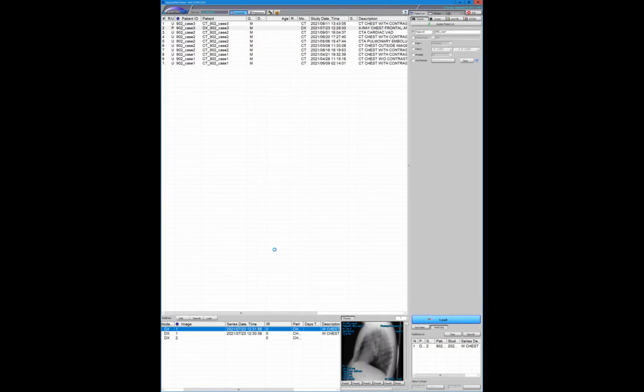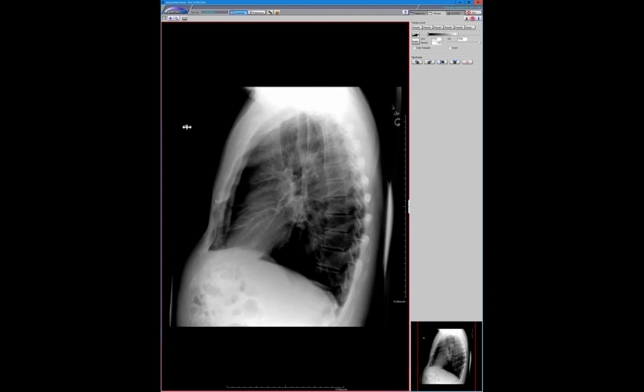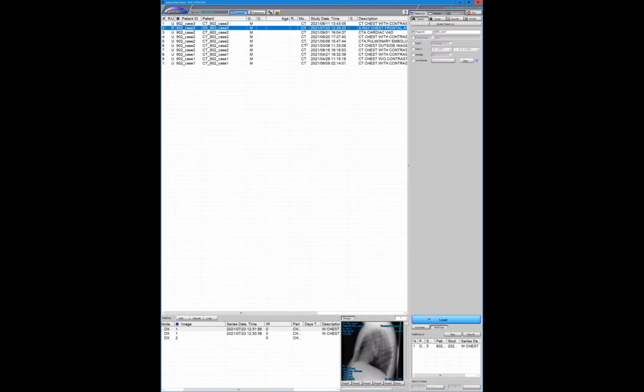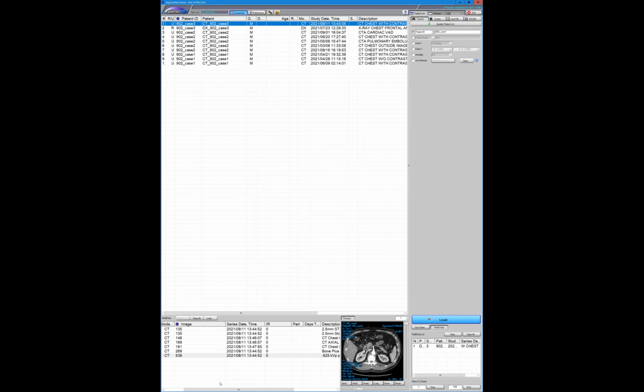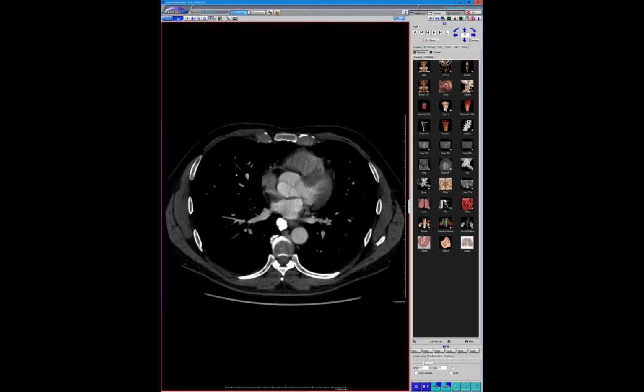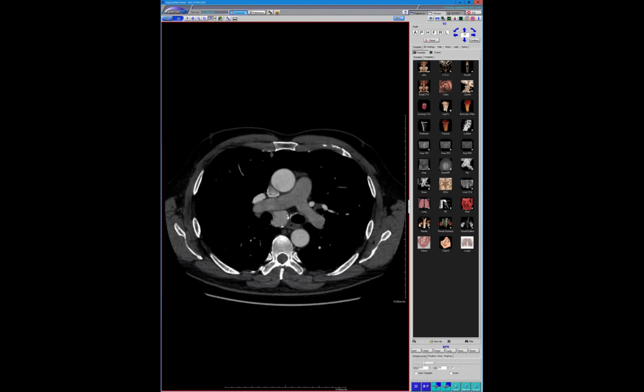But on the lateral, you can see that there's kind of something here, and maybe even a layering collection of something in the subcarinal space. I showed one a couple of years ago, but this is another extraordinarily hyper-dense bronchogenic cyst.